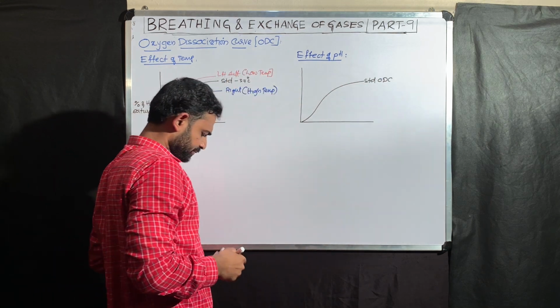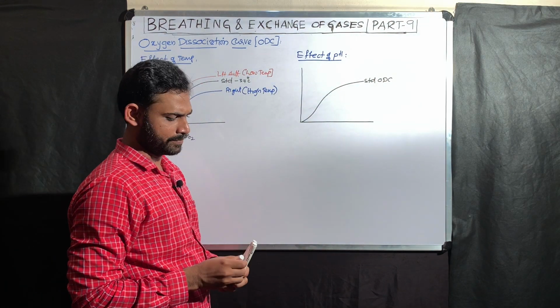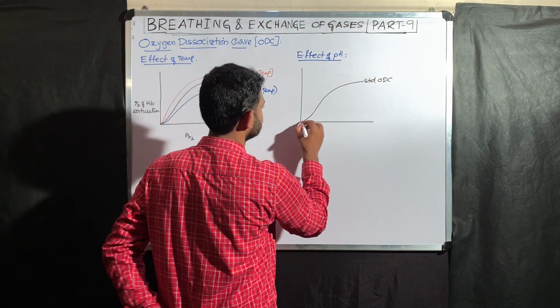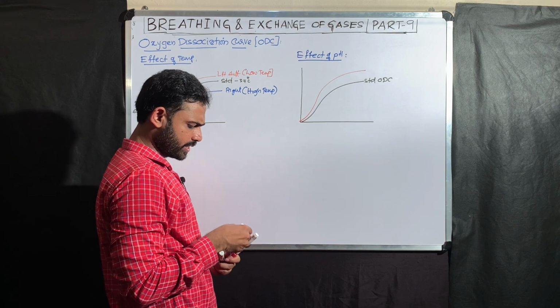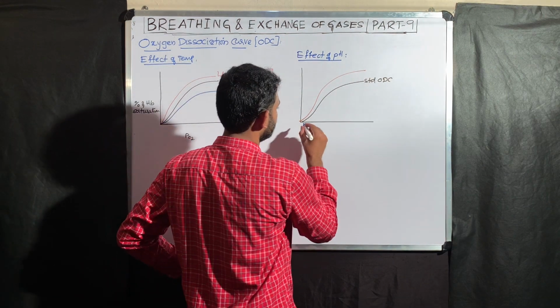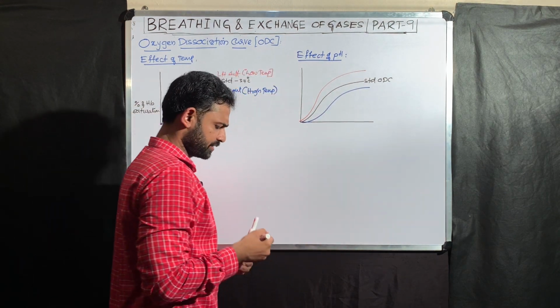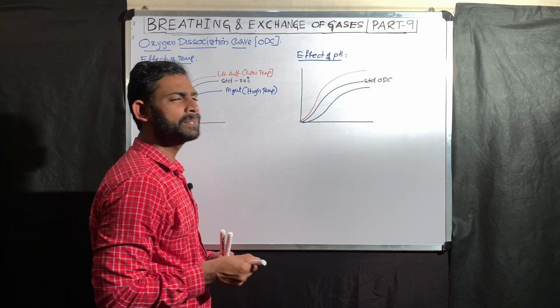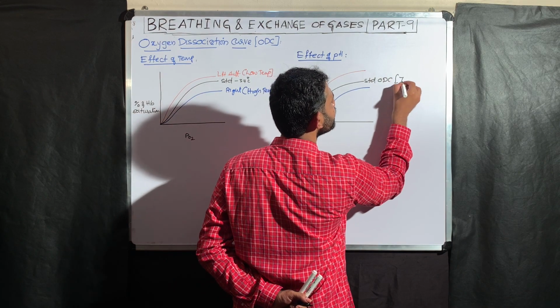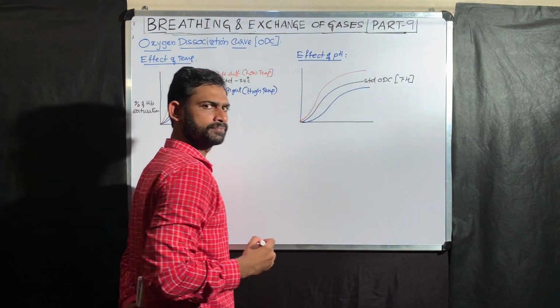Now with red color I am writing the left one, this one. With blue I am writing this one. This is about the influence of the pH. Now, what is the blood pH? That is the standard, 7.4.